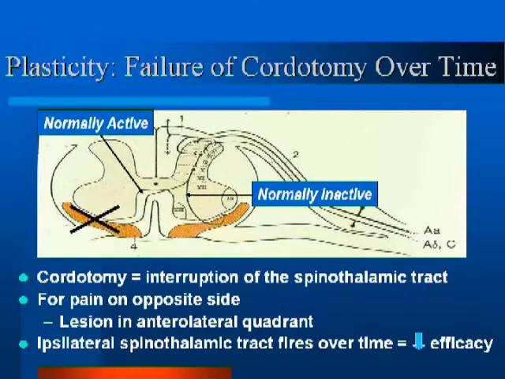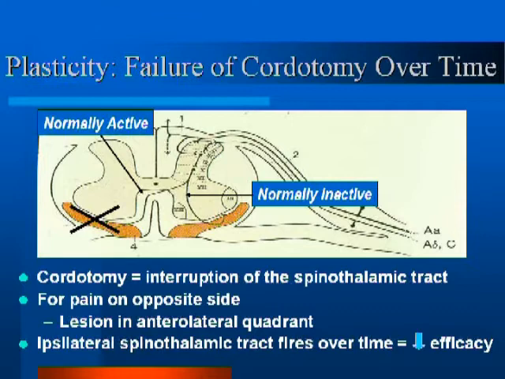If I had cancer, one of the things that you could potentially do to me for pain on this side of the body is, if this is the spinothalamic tract, a neurosurgeon can come and make a lesion in the anterolateral quadrant. This is referred to as a chordotomy. The reason a chordotomy only lasts approximately 6 months is because, as you all remember from medical school, pain is mediated by the spinothalamic tract, which goes to the contralateral side.